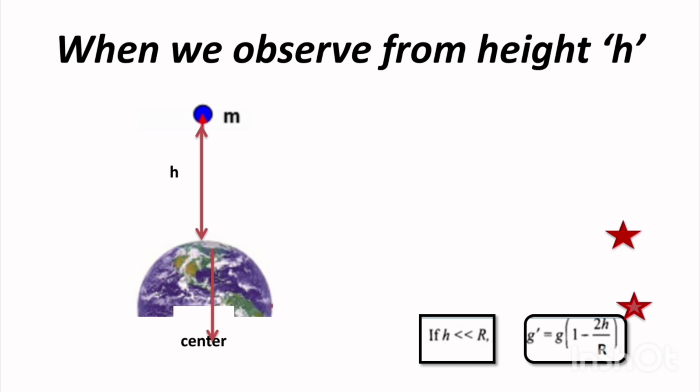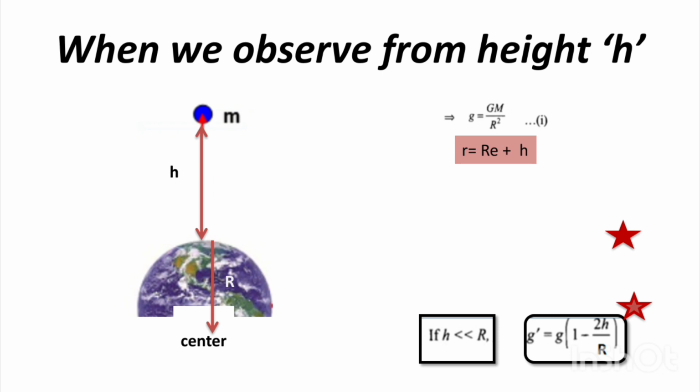Capital R is the radius from the center to the mean sea level. So g is equal to GM upon R square. You can see the gravity acceleration formula on the top right side. If you substitute r equal to Re plus h, where Re is the radius of the earth, you can also write capital R instead of Re.